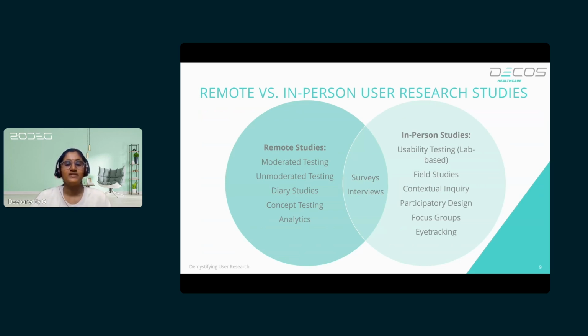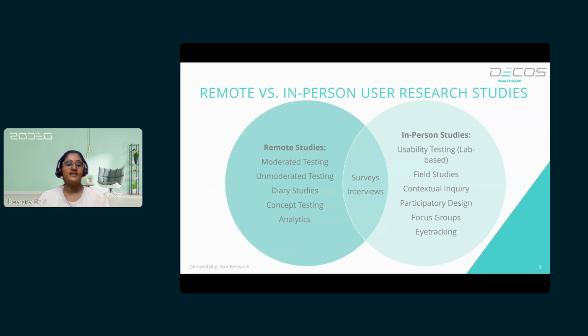For example, moderated testing, unmoderated testing, diary studies, concept testing, and analytics can all be done in remote settings. When it comes to in-person studies, like lab-based usability testing, there are also some remote usability studies, moderated or unmoderated, that we have seen earlier.